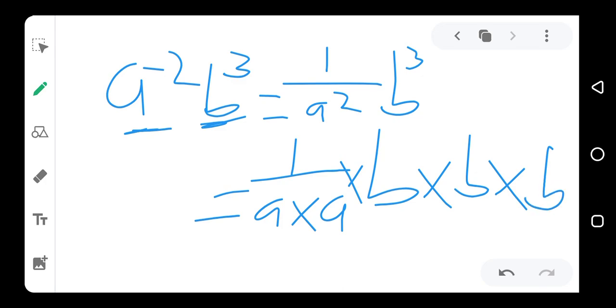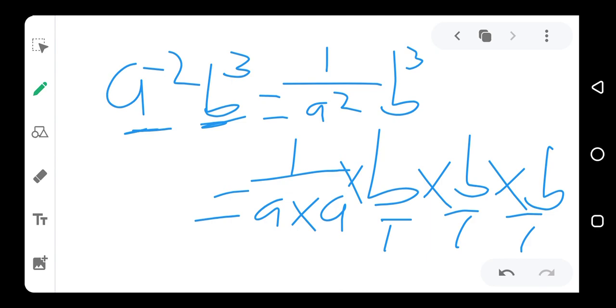Now this is equal to, this b that is standing on its own, anything that is standing on its own is over 1. So this is b over 1. In this case, we can also say what is under times what is under, and the one that is on top times one that is on top.